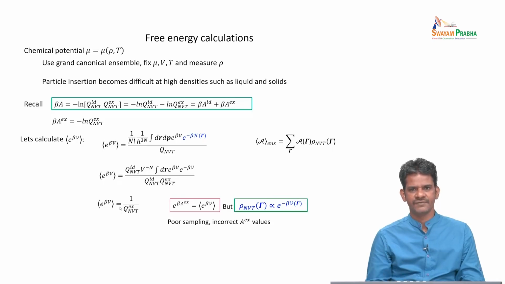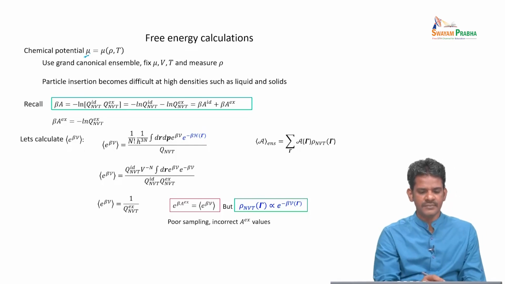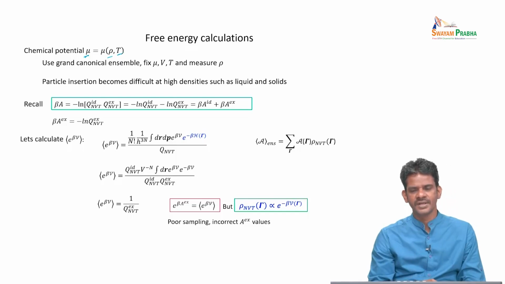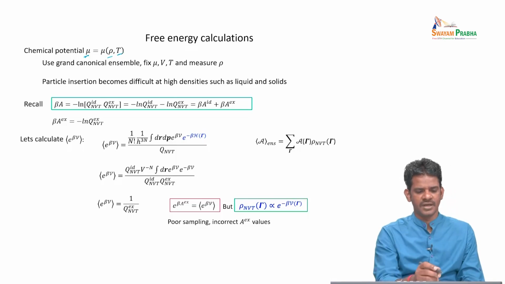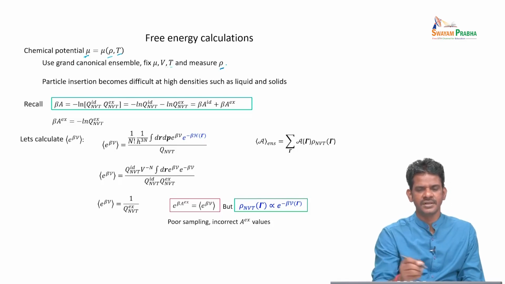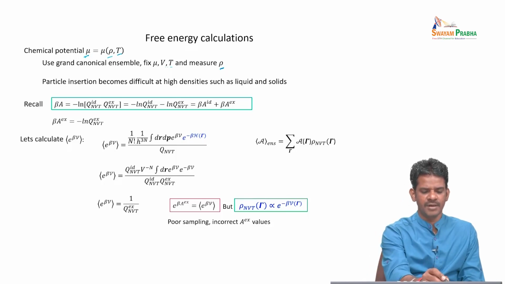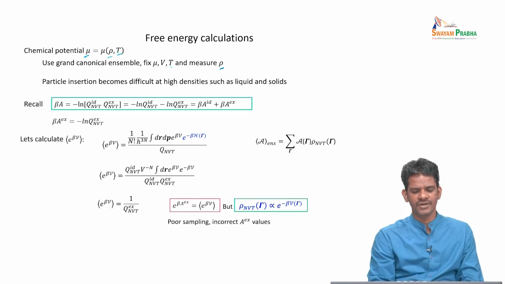Another set of variables that we are very much interested in MD simulation is the calculation of free energies, because free energies are useful in finding out the phase behavior, stability, etc. Now, if you want to find the chemical potential, let us say mu as a function of density and temperature, we could do a grand canonical ensemble where we fix mu, V and T, and then in the simulation you find what the density is. Thereby you are able to get a relationship between mu, rho and T. Okay, so this is one way of calculating chemical potential.